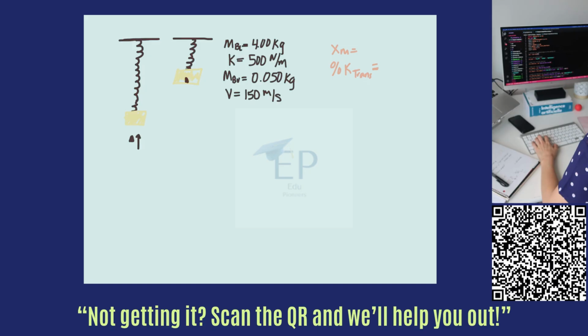oscillator. So the first thing we have to do is we need to work through to find what the velocity of the block is after the bullet hits. And we're going to use the idea of conservation of momentum.